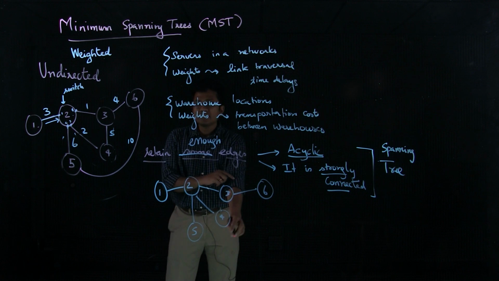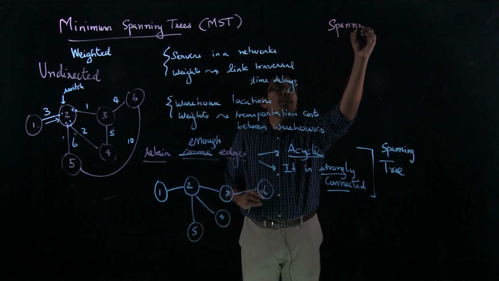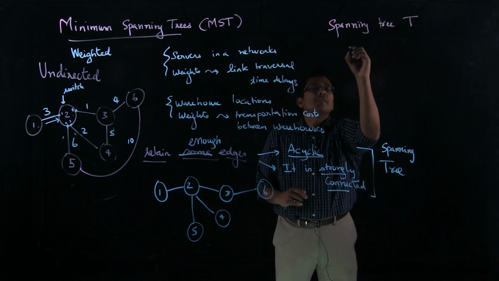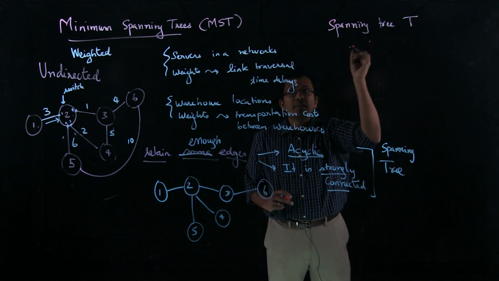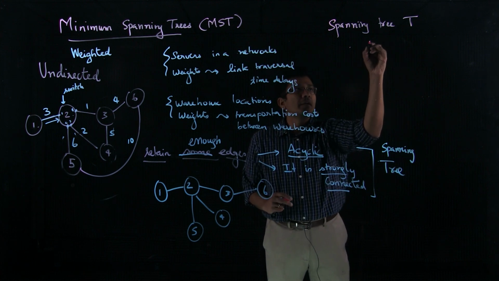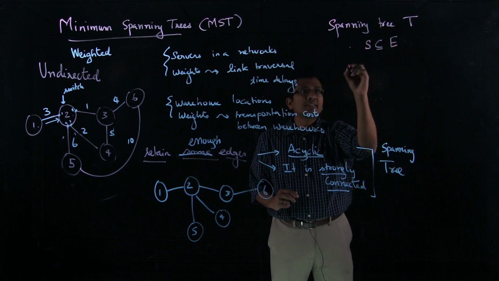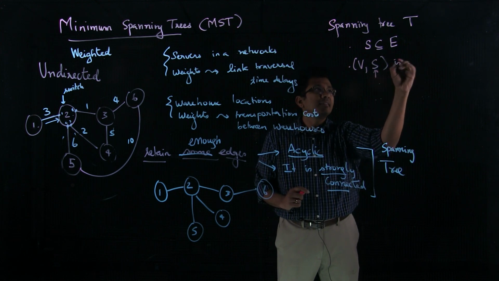So what is a spanning tree? A spanning tree is, first of all, a subset of edges. So let me call it the subset of edges S, a subset of E, such that the graph of vertices with the edges S is a tree.